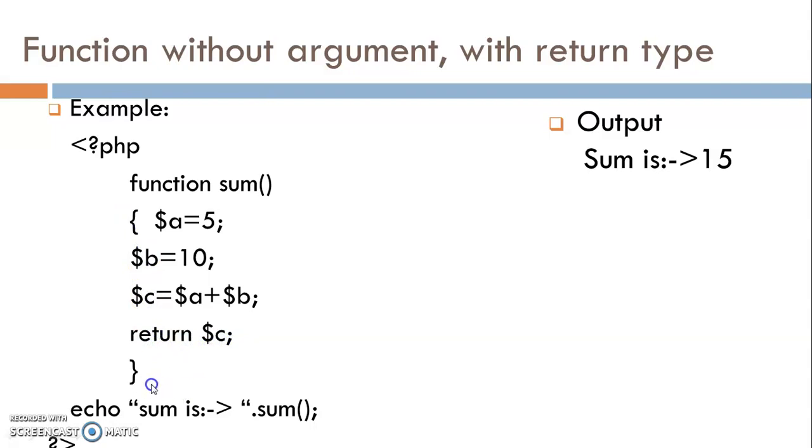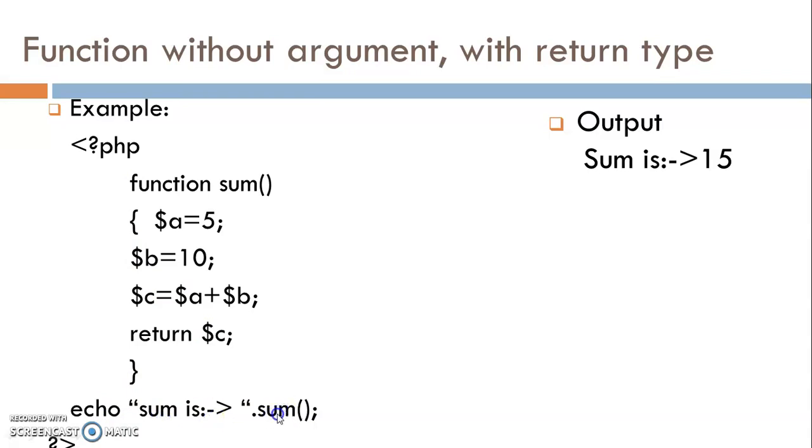Okay, now after completion of this function code, I write echo sum is, then dot, then the sum function, the sum calling function. Whenever this statement comes, first is the echo sum is, then the sum function.